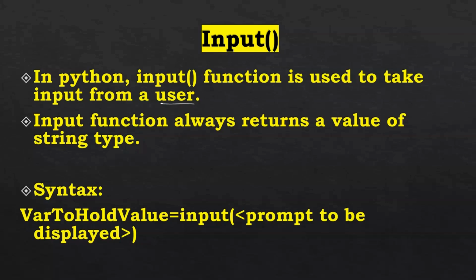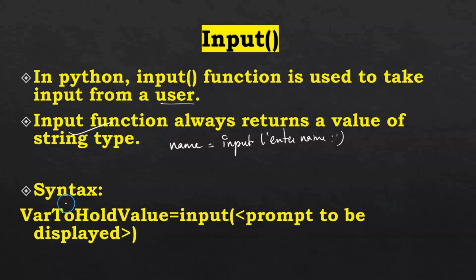When we are getting the name of a person, we give the code like this: name is equal to input of enter name. This is called user input. It always returns a value of string type. Whatever we write in the input function, it will be returned in the form of string data type only.